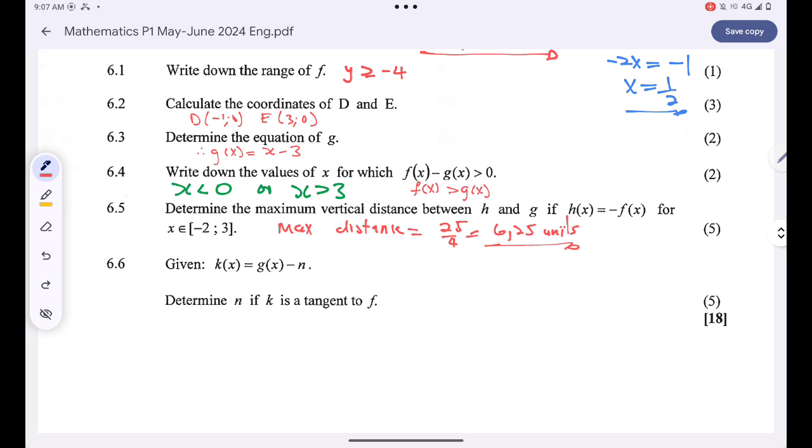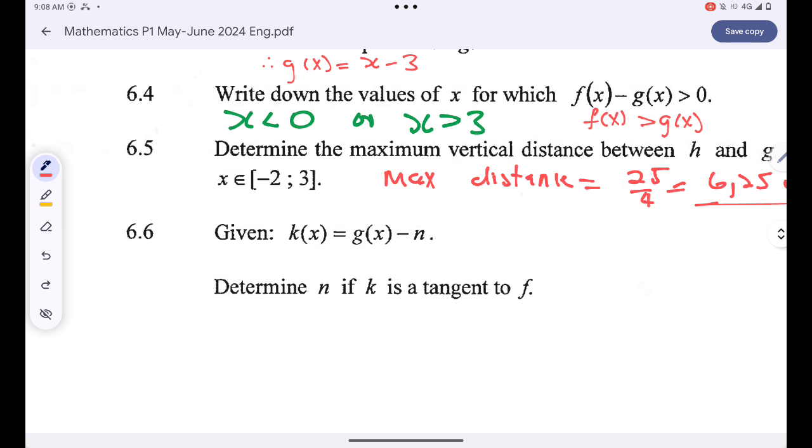And now we are given that k of x is equal to g of x minus n. But g of x is equal to x minus 3, so we still have a negative n. So this is the equation for k of x. Now we are asked to determine the values of n if k is a tangent to f.